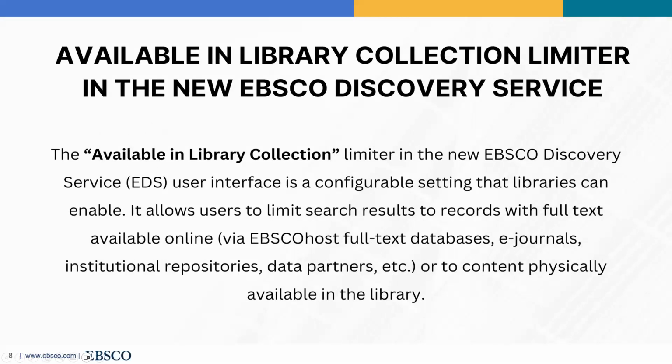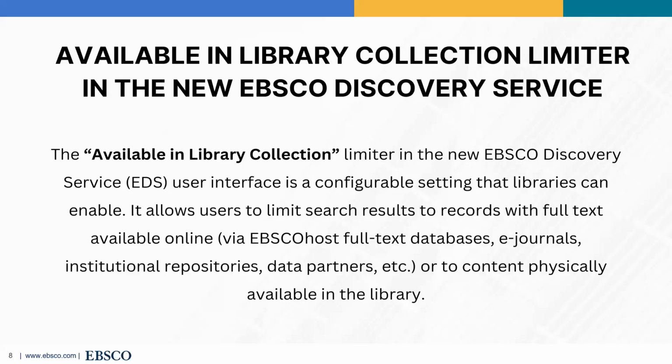When using EBSCO Discovery Service, you may also notice that there is a limiter called At My Library, or in other organizations, they call it Available in Library Collection. This feature allows users to refine search results to include only materials with full text access.